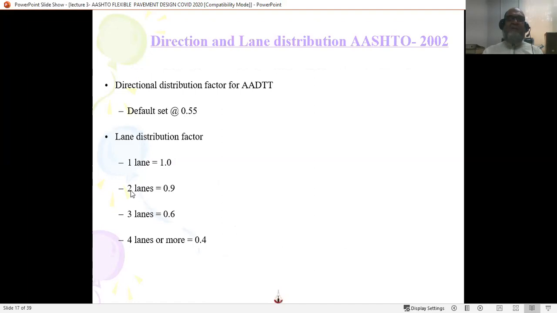If you have 4 lanes, meaning 2 lanes in each direction, 2 lanes going to the north, 2 lanes coming from the north, then it's 0.9. Then for a 6-lane road, 3 on each side, this factor is 0.6. And irrespective of how many lanes, if there are more than 4 lanes, if it is an 8-lane road, 10-lane road, or 12-lane road, then it is 0.5.